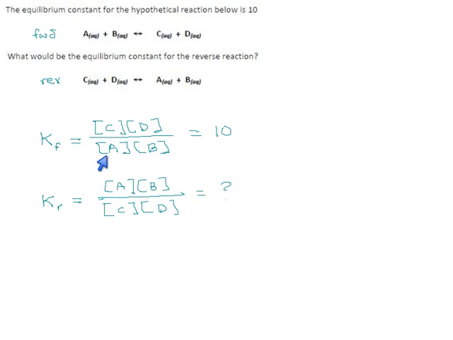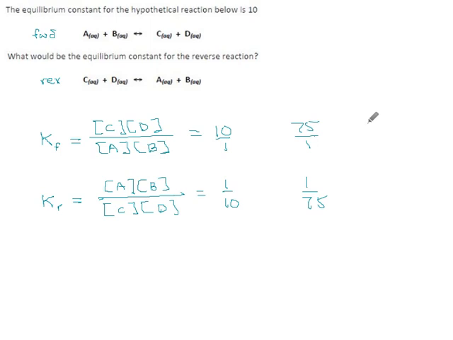That's true for the concentrations. It's also true for the number out here. If this number is 10, or you might want to think of it as 10 over 1, then the reverse reaction is going to have a K of, flip this over, 1/10. If this thing had a K of 75, you could think of that as 75 over 1. This thing would be 1 over 75.